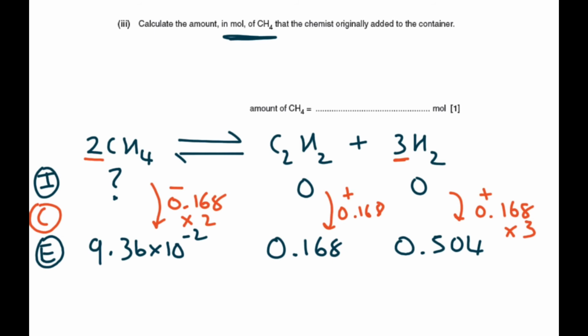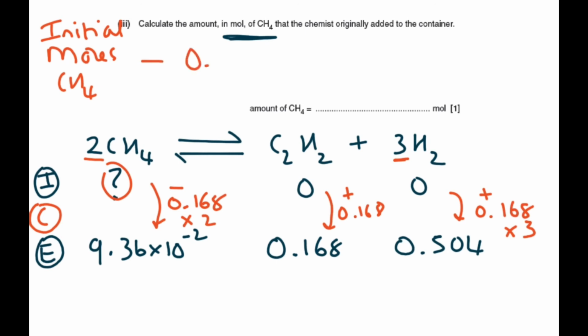So the initial moles of methane, not equilibrium, the initial moles of methane minus 0.168 times 2 is going to equal the equilibrium moles of methane.